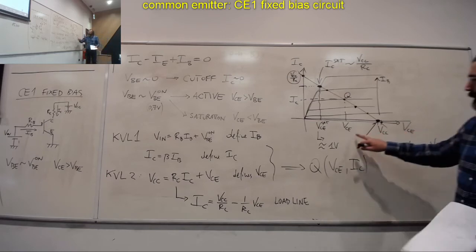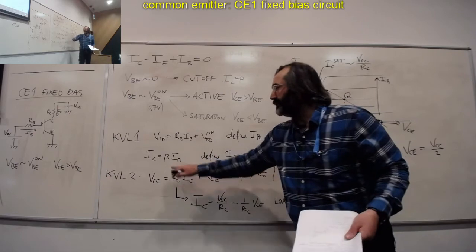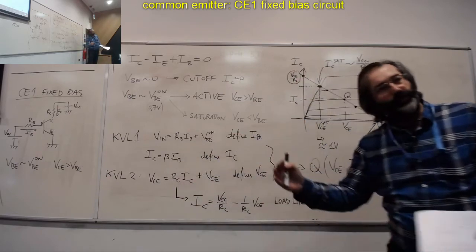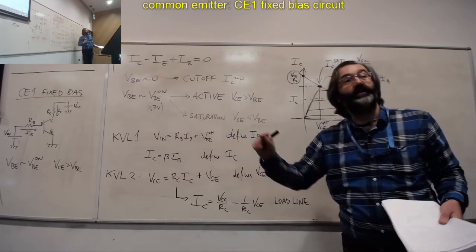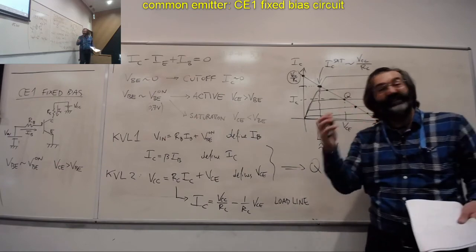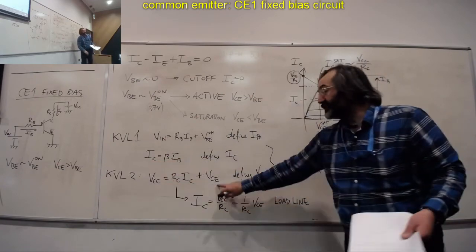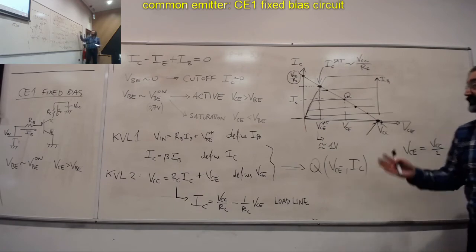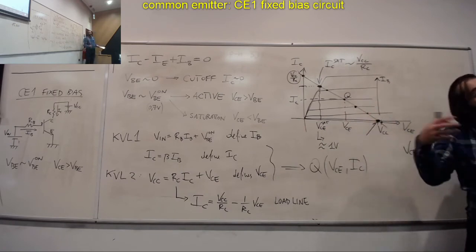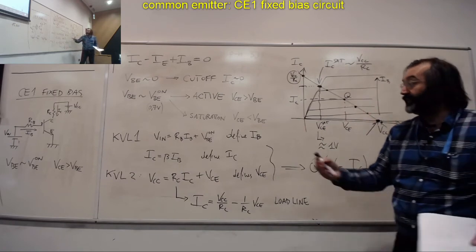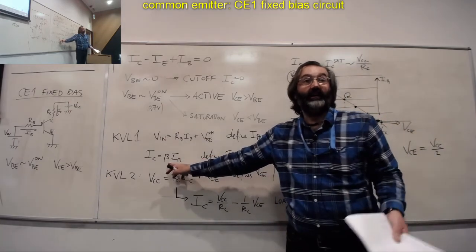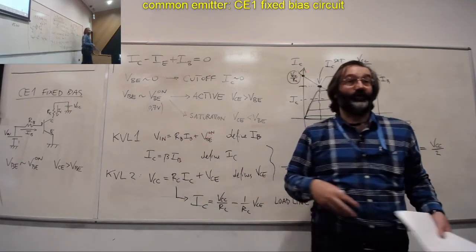So you need to know very well beta and VBE on, and these two parameters in this specific configuration are crucial in defining IC and VCE. This means that this design suffers enormously from any variation that beta goes through or VBE goes through.